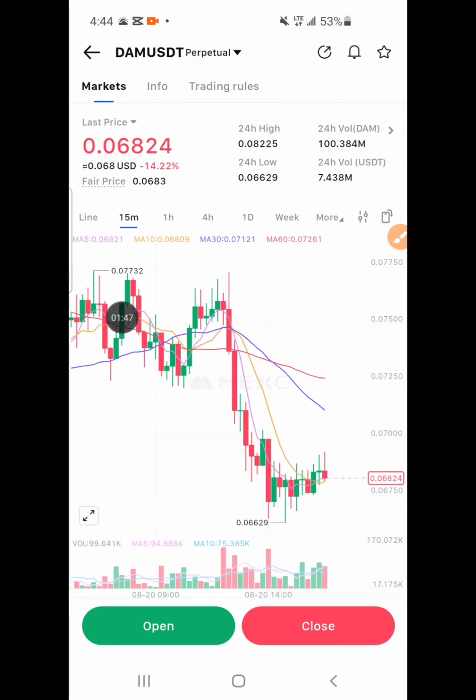So you must be able to read this chart, and that is where our work comes in.